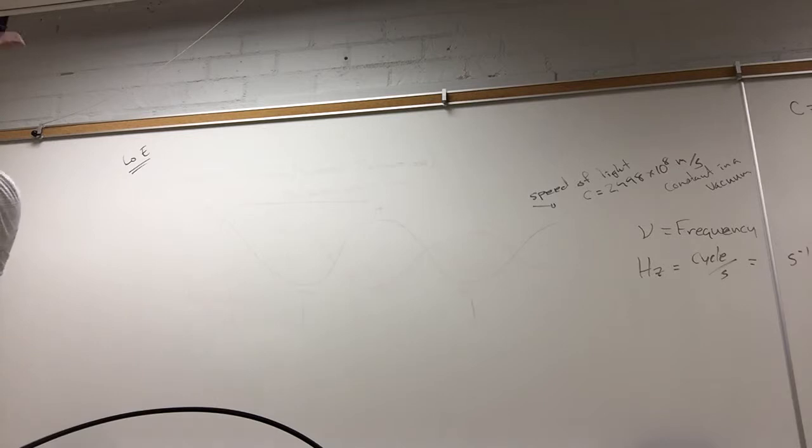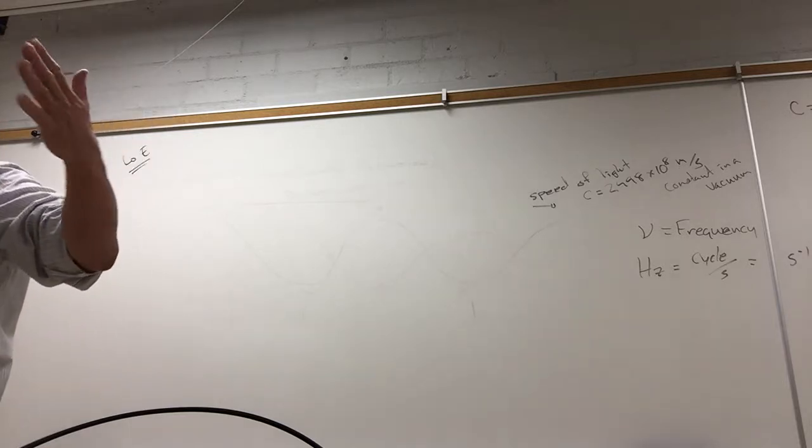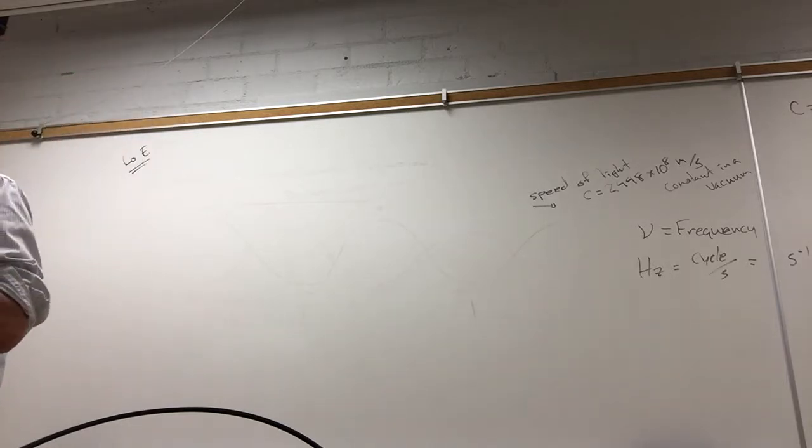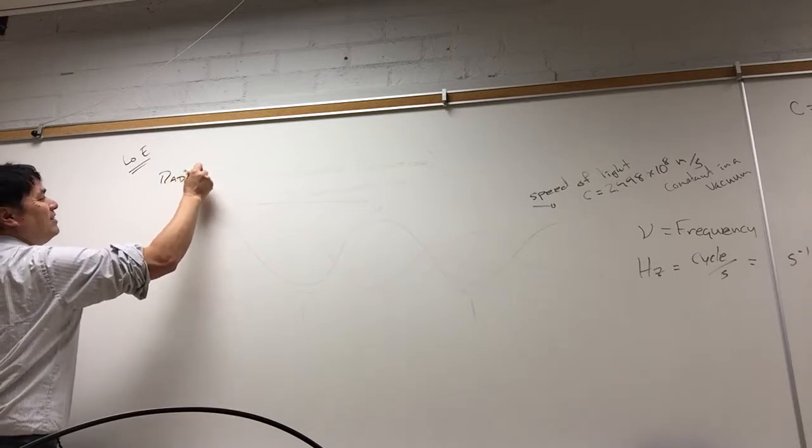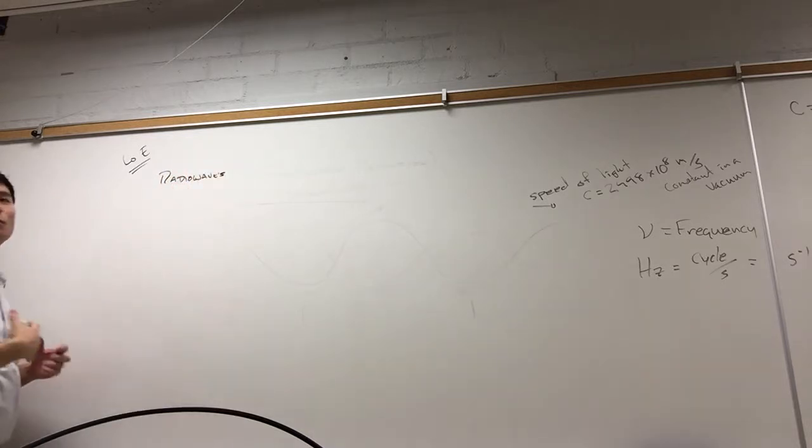And so what are some of the longest wavelength, lowest frequency forms of electromagnetic radiation or light that you know? What's the lowest one that you memorized in Chem 4? What is the longest wavelength, lowest frequency light you memorized? Radio waves. Okay, we'll go with radio waves. Do you usually memorize the wavelength or the frequency of radio waves?